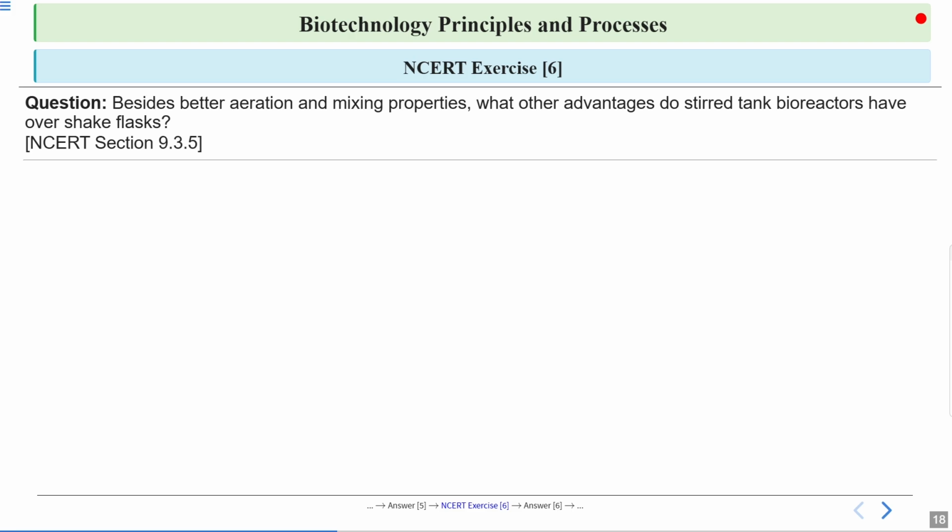And so there is a comparison between the bioreactor, which is used for large scale, and the one that is used in the laboratory, the shake flask, right? So this question is coming from the NCERT section 9.3.5. Let us see the answer of this question.